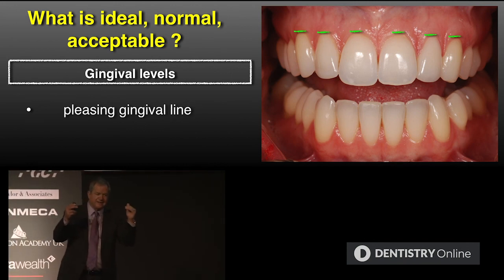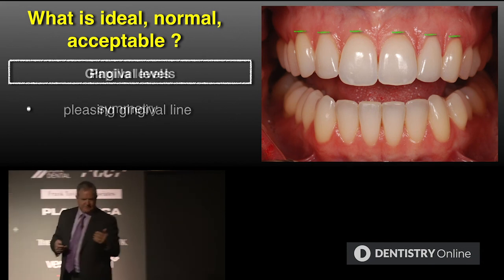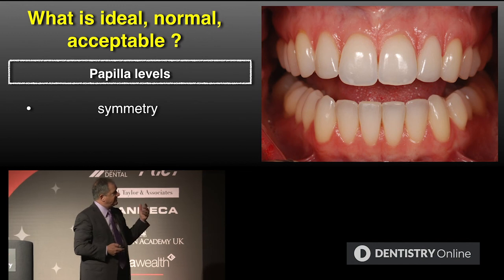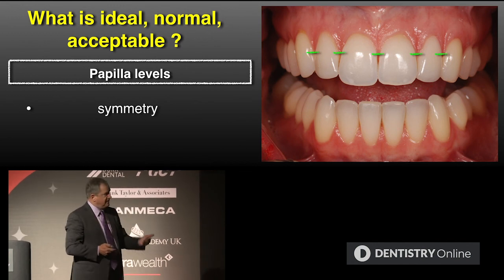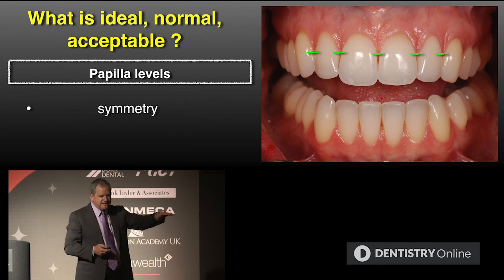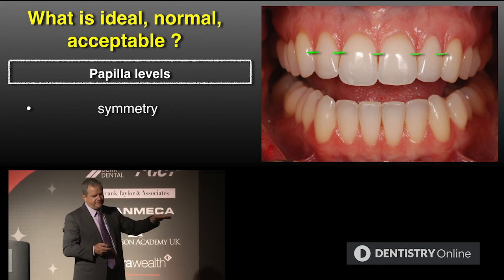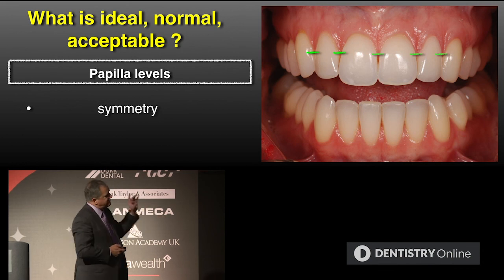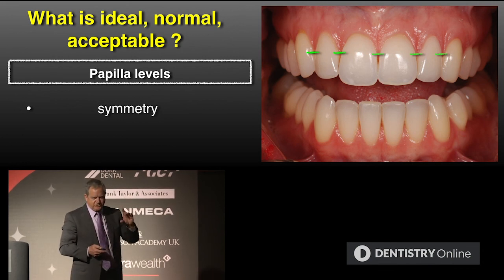Then we go down slightly to the laterals, we go back up to cuspids. What about papilla levels? We think about papilla levels having symmetry. That is, the papilla across the anterior basically all sit in an ideal site, they all sit at the same level. And in addition, we think about the papilla position.